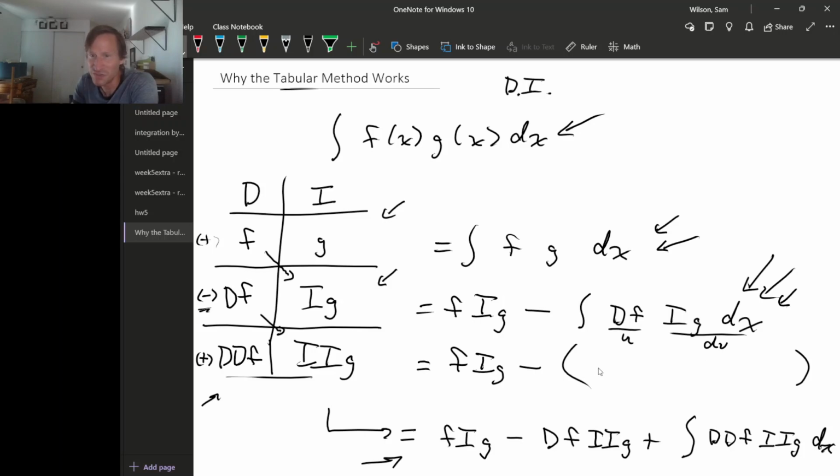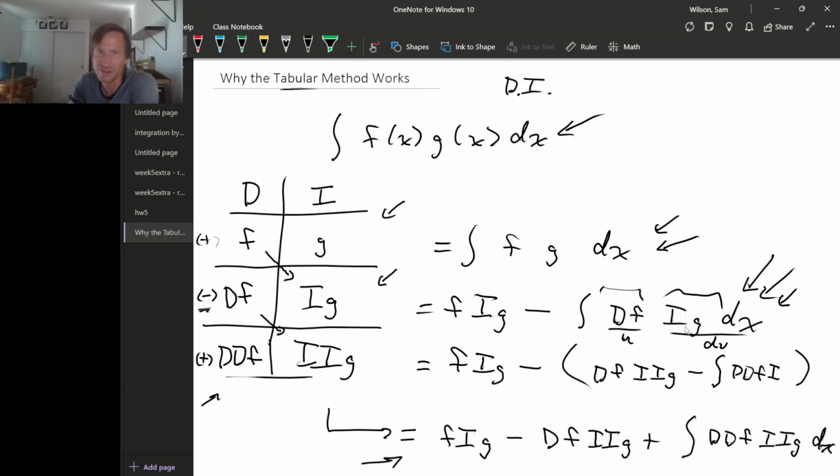So we get u times v, so that's the derivative of f times the integral of this piece, so that's the integral of g, minus the integral of, and then derivative of this piece, so that's the derivative of f, times v, which is the integral of this piece.